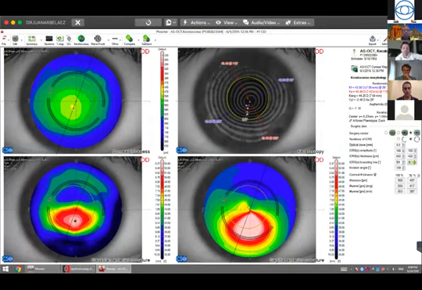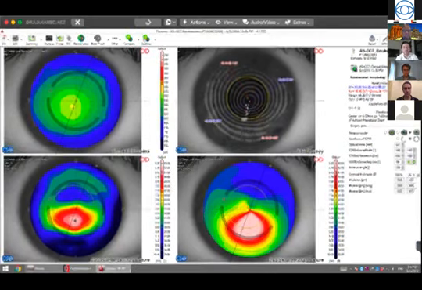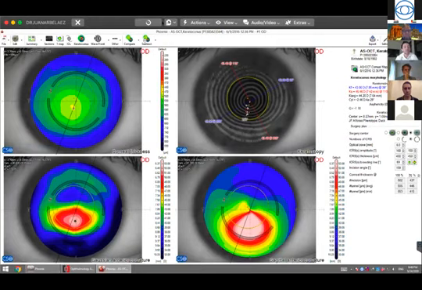To calculate the thickness, you can select at which thickness you want to implant, and you can see the minimum thickness of the tunnel and decide if the thickness of the ring you are planning to implant will be safe for this particular case, depending on how thick the cornea is in the area of the tunnel. So it's super useful for this.